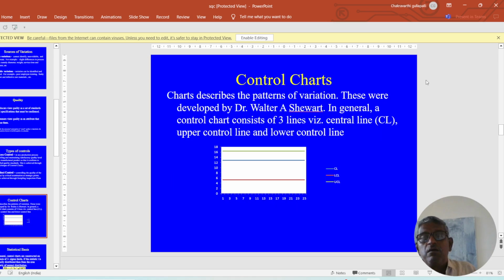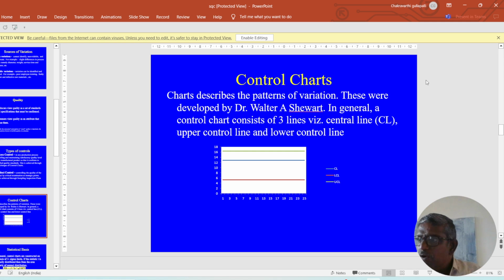In process control, we use control charts, and these control charts were developed by Shewhart. In general, any control chart consists of three horizontal lines: a control line, an upper control line, and a lower control line. Any quality of a product beyond certain limits means the producers will incur a loss.